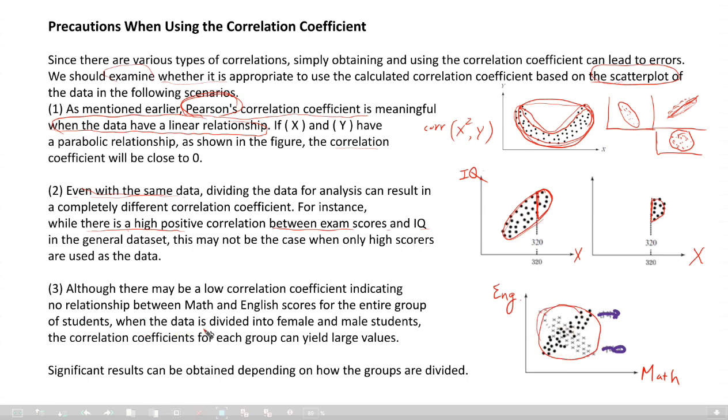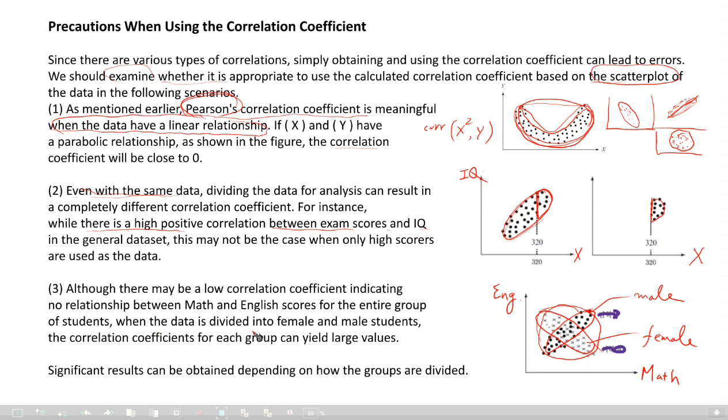But when the data is divided by female and male, this data is female students, and these are for male. Then you get a different result.